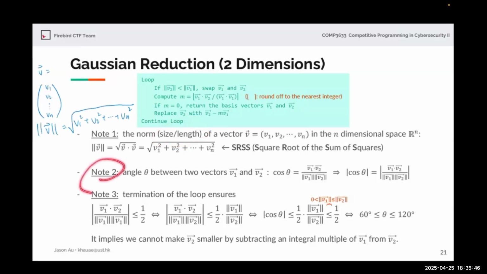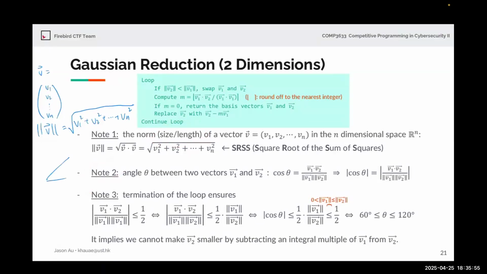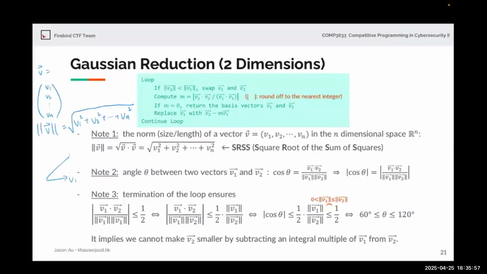And note 2 is the angle between 2 vectors. So if we have V1 and V2, there's an angle between the 2 vectors. By the math formula, cosine of this angle is given by the dot product of the 2 vectors, divided by the norms of the 2 vectors multiplied by each other.